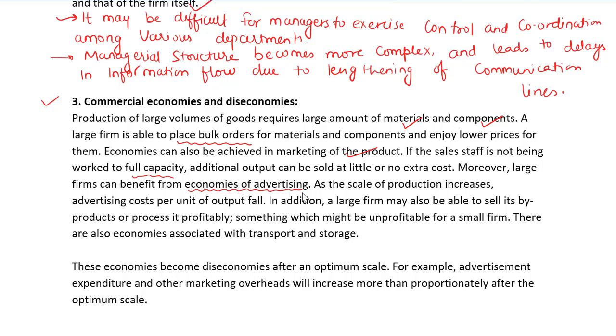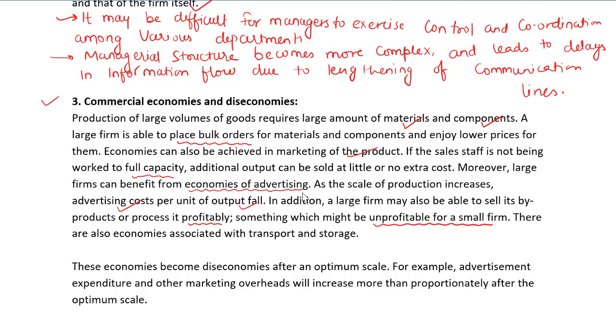Supposedly, if there is a positive demand in the market, as the scale of production increases, advertising cost will fall. In addition, a large firm may also be able to sell its byproduct and processes profitably, something which might be unprofitable for a small firm.